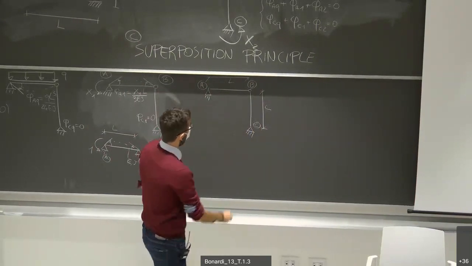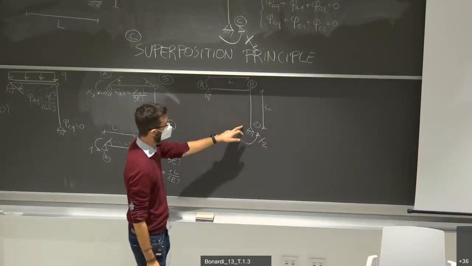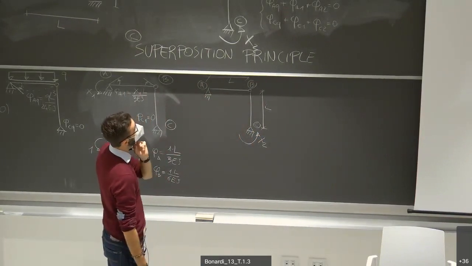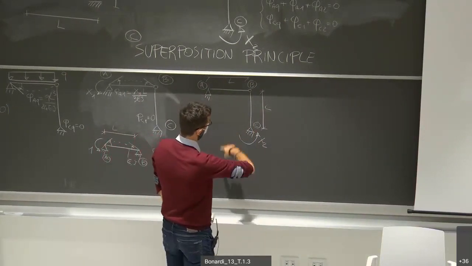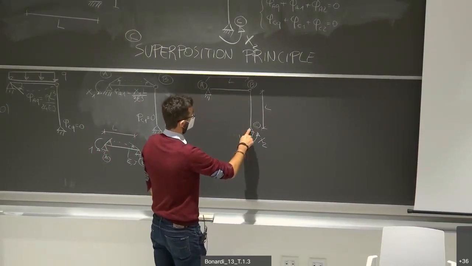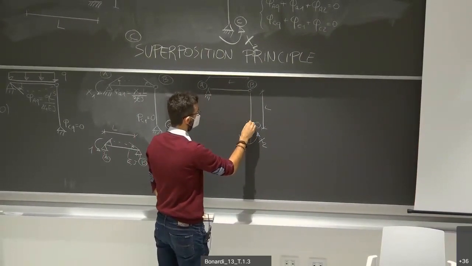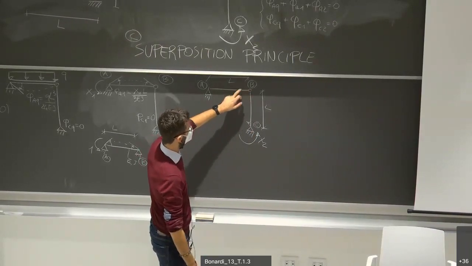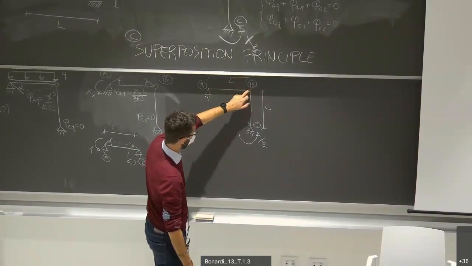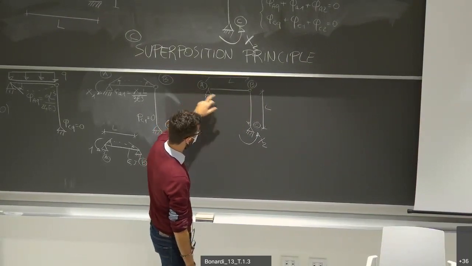This time we have x2 applied in the node C. So again, it is counterclockwise, so the rotation in the node C will be counterclockwise. In the node B, we will not have any displacement, so it will be still here. Same for the node A.